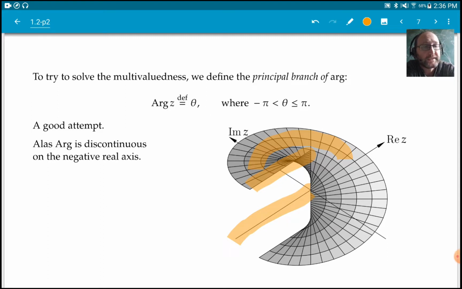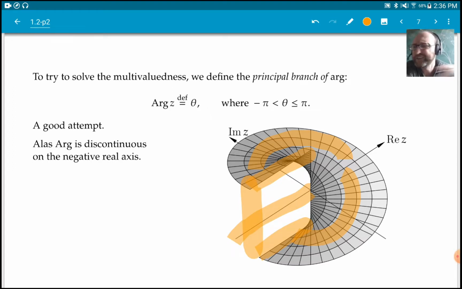And if I'm coming from the negative imaginary parts, then I'm getting minus pi. So I get a difference of 2 pi out here, and it's not a continuous function. And here you can also see the problem at 0. But this is discontinuous on a very large set, on the entire negative real line.